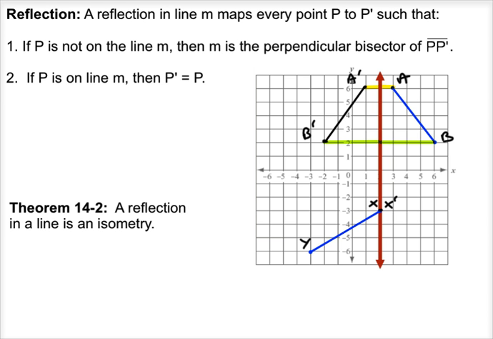Now when I look for what happens to Y, well, Y is 1, 2, 3, 4, 5 to the left, so I go 1, 2, 3, 4, 5 to the right, and I get my new location for Y prime, and I can even draw in my segment. And I notice that the blue segment is also being bisected and perpendicular to the red line.